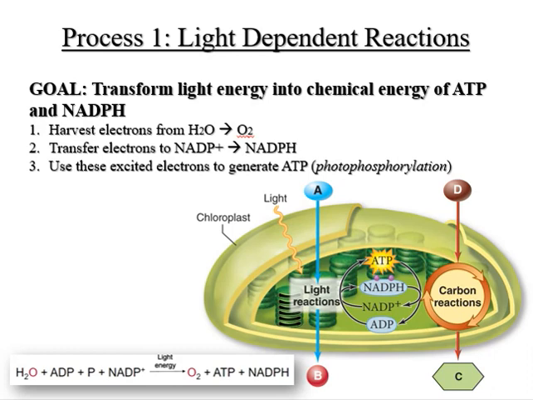Light that's absorbed by the chlorophyll will drive that transfer of electrons and protons from that water molecule to a different molecule called nicotinamide adenine dinucleotide phosphate, which is this little guy here, your NADP plus.